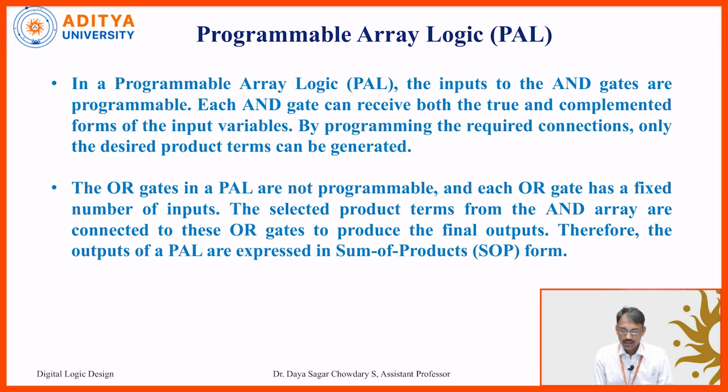By programming the required connections, only the desired product terms can be generated. The OR gates in a PAL are not programmable and each OR gate has a fixed number of inputs. The selected product terms from the AND array are connected to these OR gates to produce the final outputs. Therefore, the outputs of a PAL are expressed in sum of products, that is SOP form.